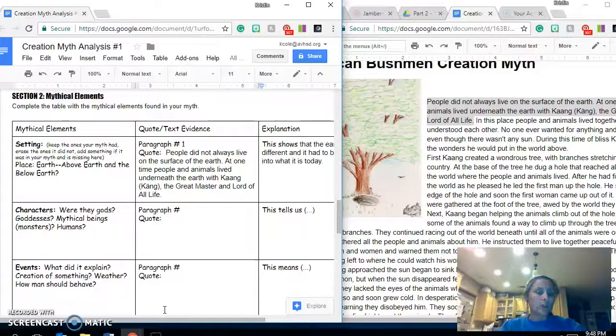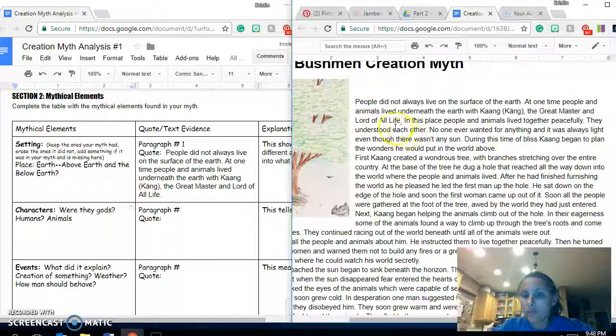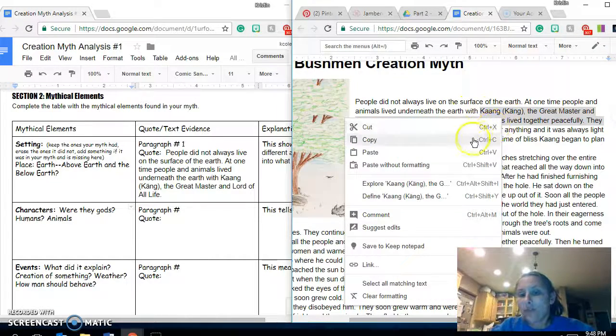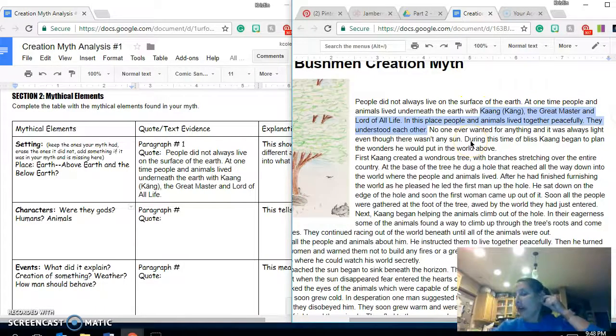All right, characters. We have gods, we have humans, and we have animals, okay? And we're just going to throw in this quote. So it's not a full quote because we're kind of just cutting off that first sentence or that second sentence, but it's all right.